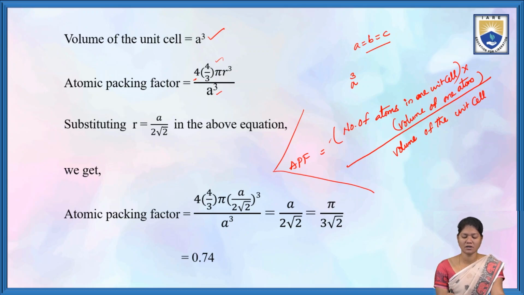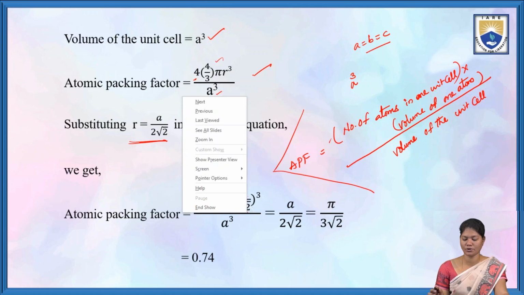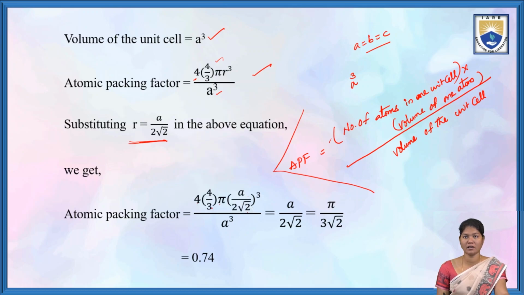So now, already we have calculated the R value, the atomic radius. R is equal to A by 2 root 2. So this is substituted in the above equation. So 4 into 4 by 3 pi, and instead of R we have substituted A by 2 root 2 whole cube, divided by A cube.